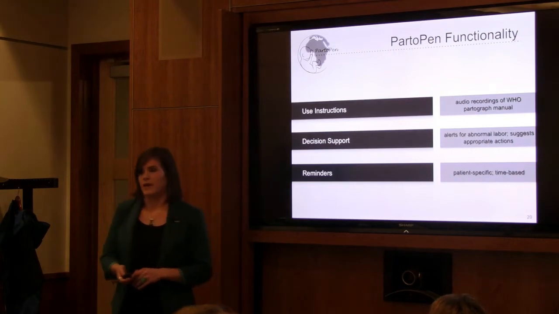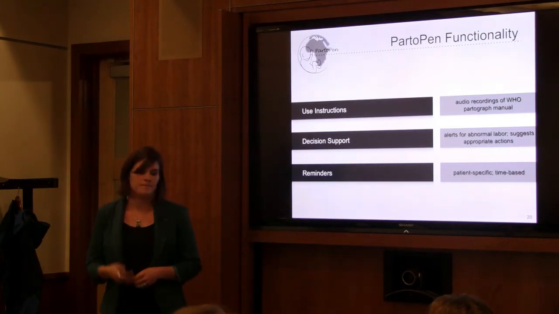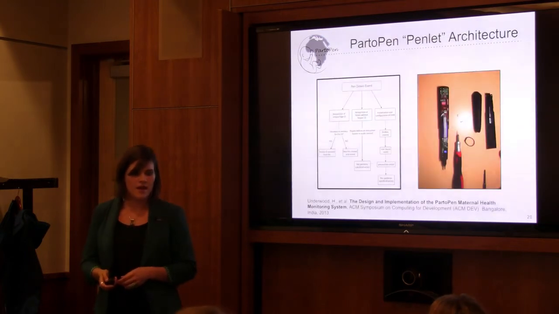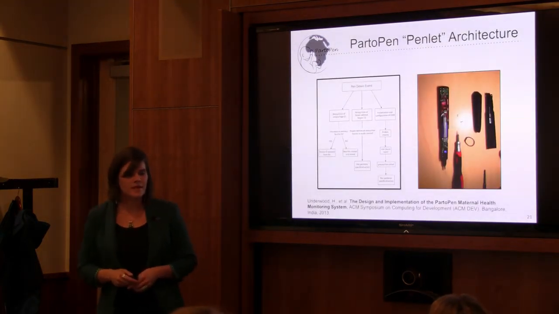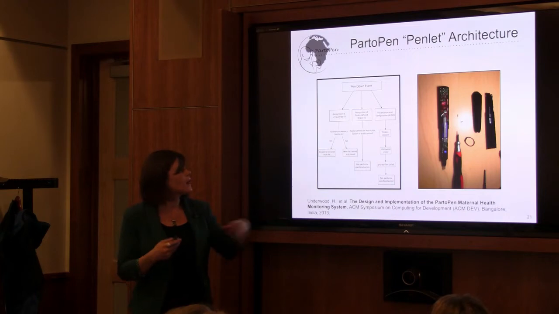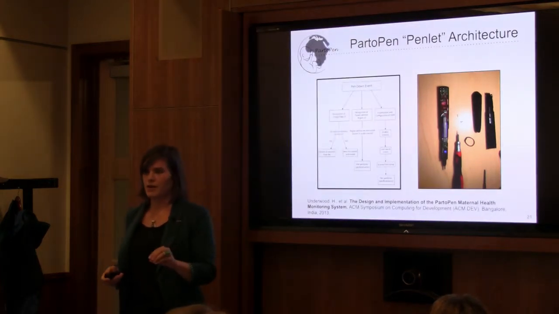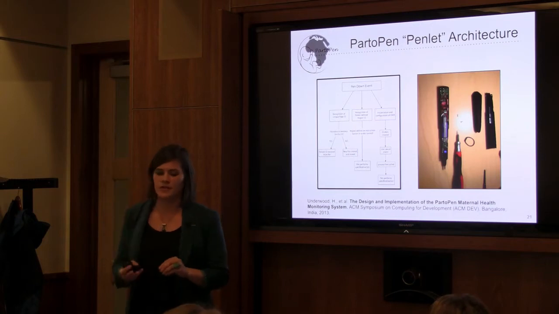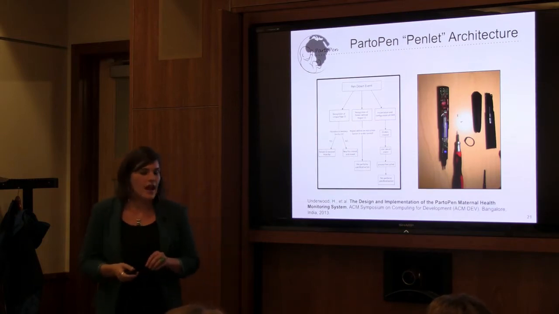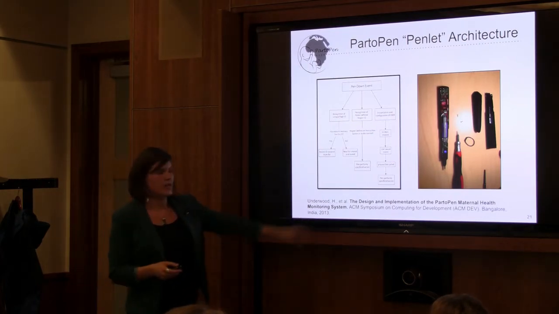So the PartoPen penlet provides 3 pieces of functionality: use instructions, decision support, and reminders. And I'll go into those more in a minute. The basic code path that the penlet follows when you touch the pen to the Partograph for the first time is that it kicks off 3 different actions. And the first is recognition of the unique page ID.